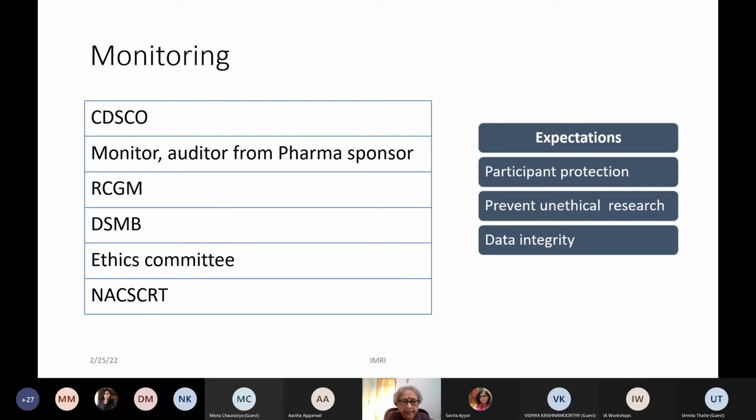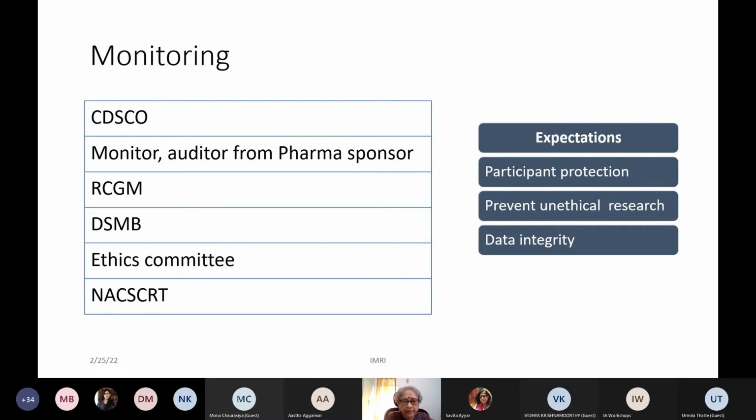The ethics committee is at every site approving the proposal in the beginning before it is implemented or initiated, and it also plays a monitoring role mainly for participant protection.